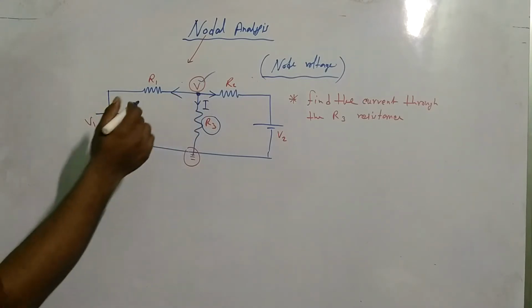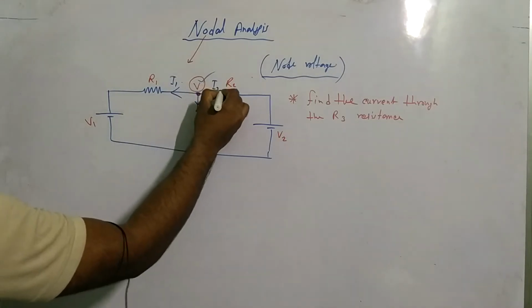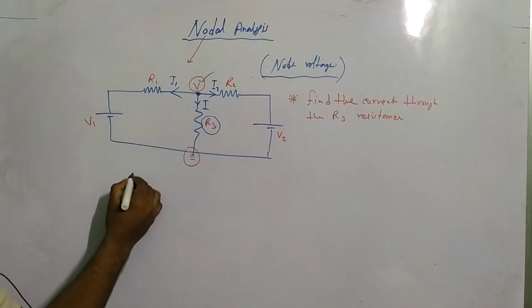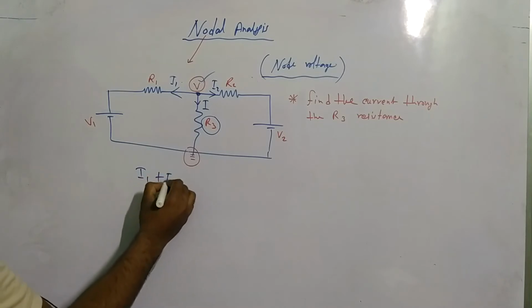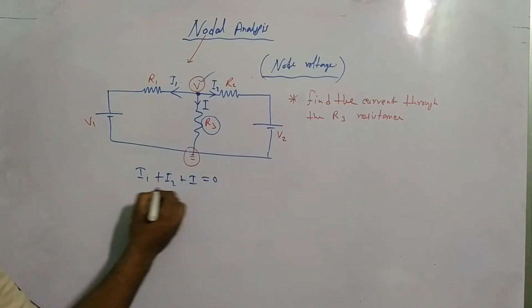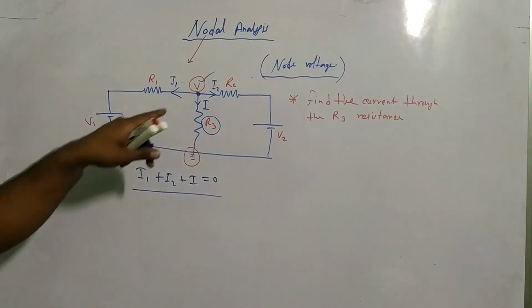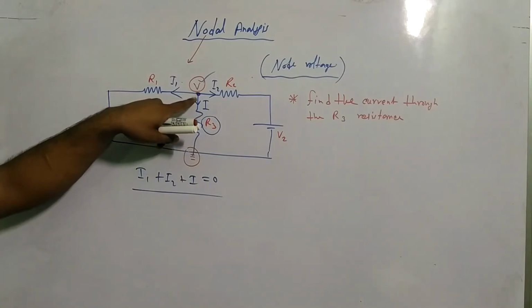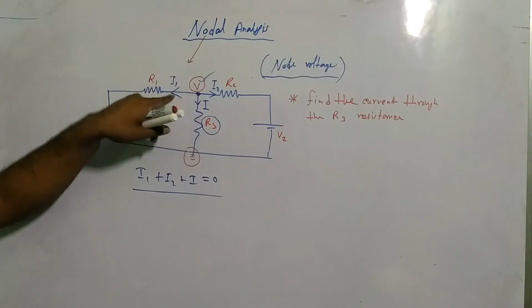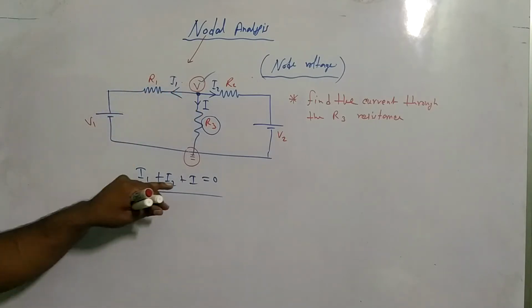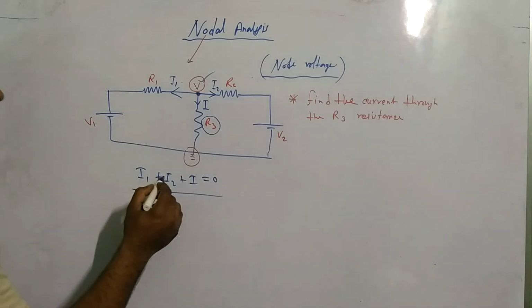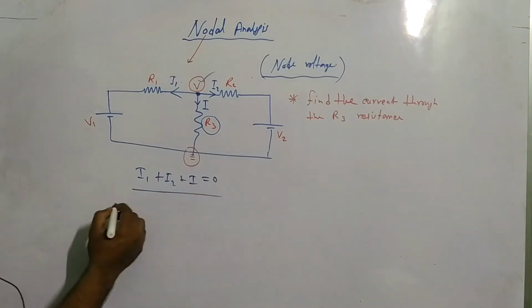If these are I1 and I2, then we can write I1 plus I2 plus I equals 0, because from KCL, at a particular point the summation of incoming current equals outgoing current. But here all currents are outgoing, that's why we add I1, I2, I, equal to 0.